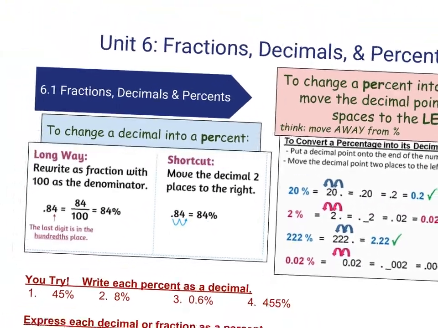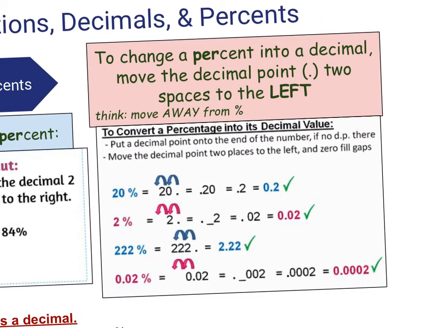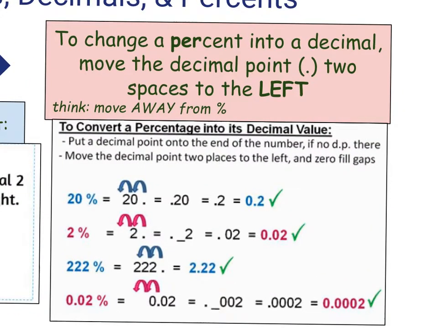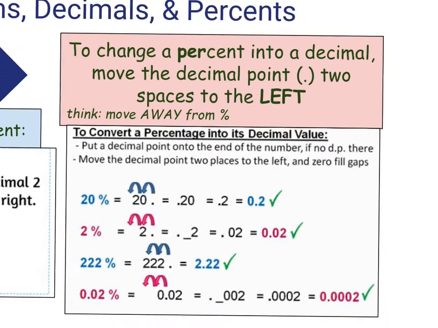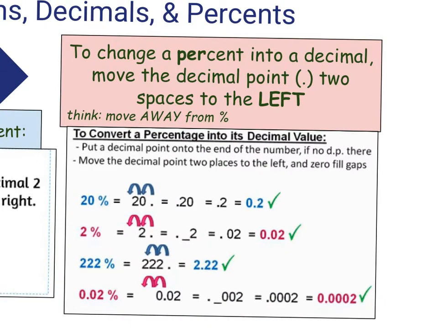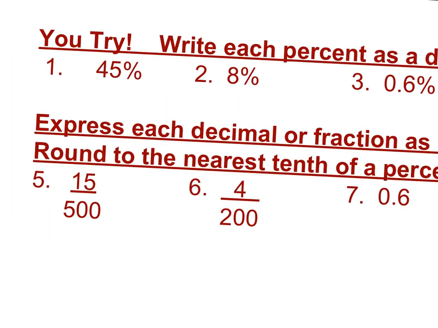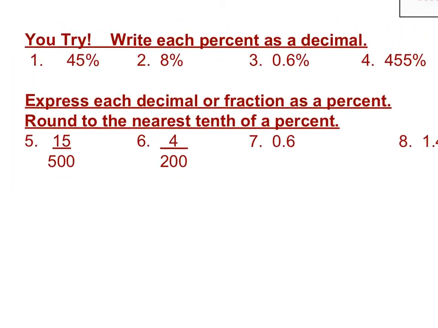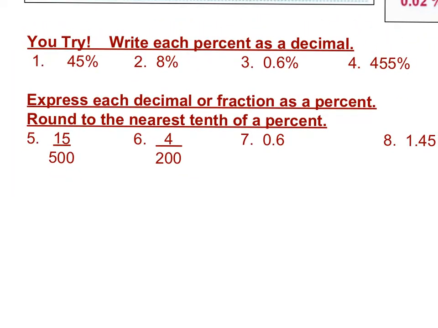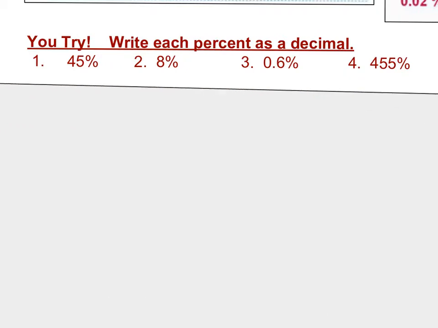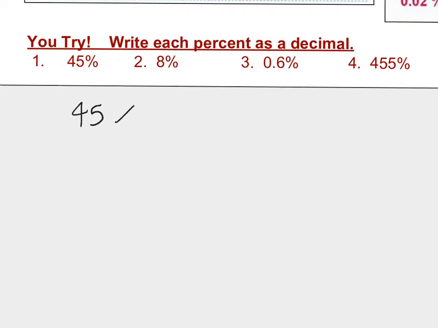And similarly, if you're going to change a percent into a decimal, you move the decimal 2 to the left, because you're moving away from your percent symbol. When you have, for example, 45%, if I was to write that as a decimal, percents changed to decimals, you have to move the decimal point 2 to the left.